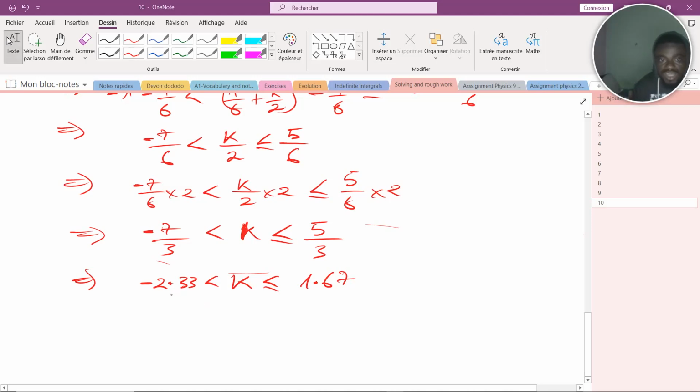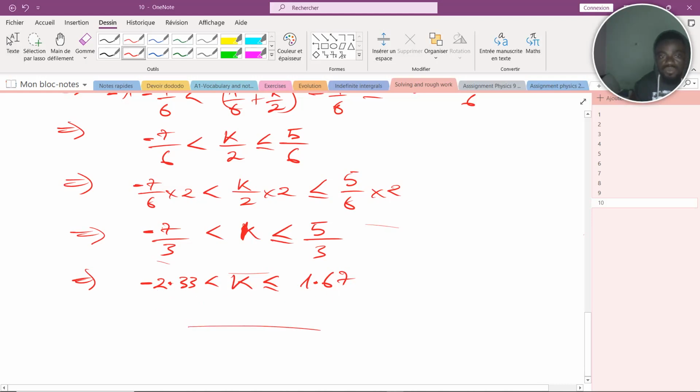Now, the question you are to ask yourself: what are integers? An integer is either a positive whole number or a negative whole number. Is that okay? So what are the integers between -2.3 and 1.67?